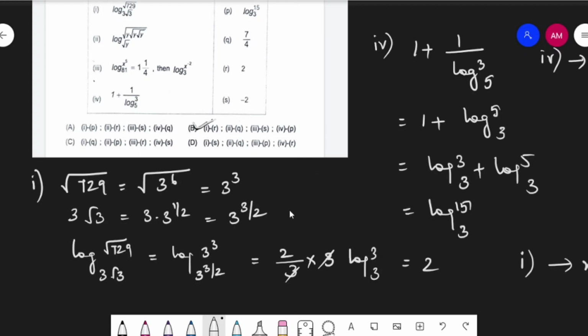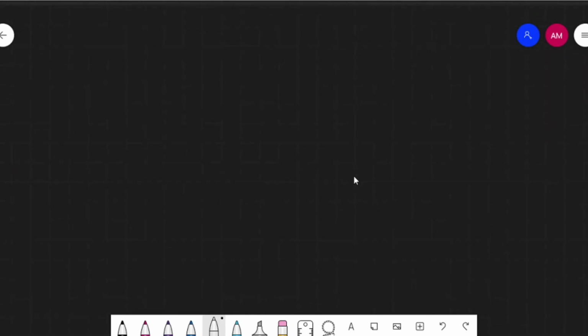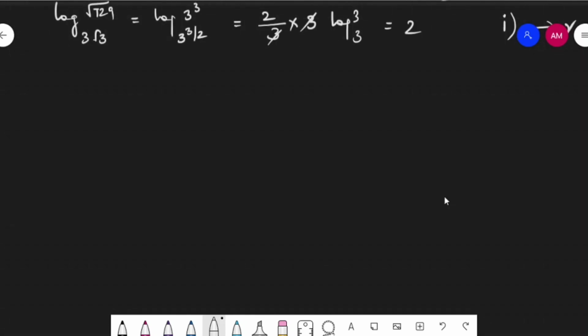Let us move to the second bit. What is the second bit? Log of square root of y into root y to the base root y.